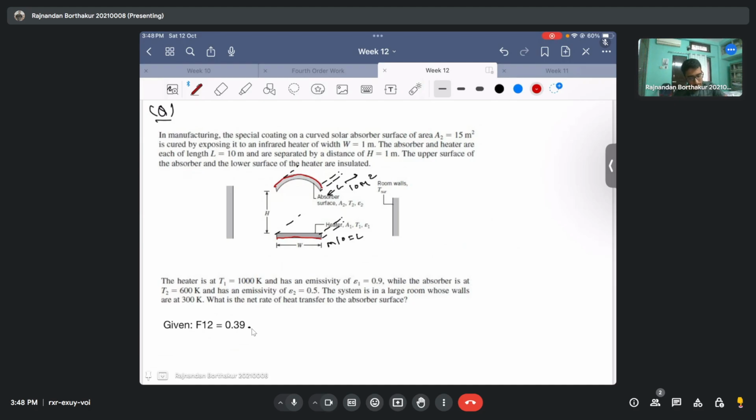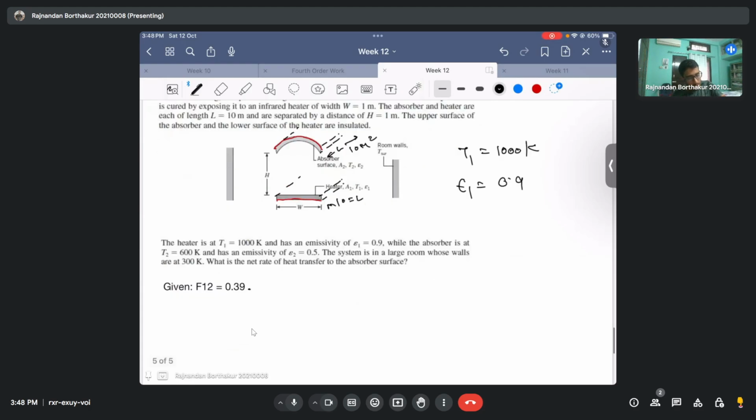What they now say is the heater is at a temperature T1 equal to 1000. That is T1 is given to be equal to 1000 Kelvin. And of course, the heater is not assumed as a black body, so it has an emissivity of 0.9, while the absorber is at a lower temperature, which is T2, which is 600 Kelvin, and it has an emissivity of epsilon 2, which is equal to 0.5.